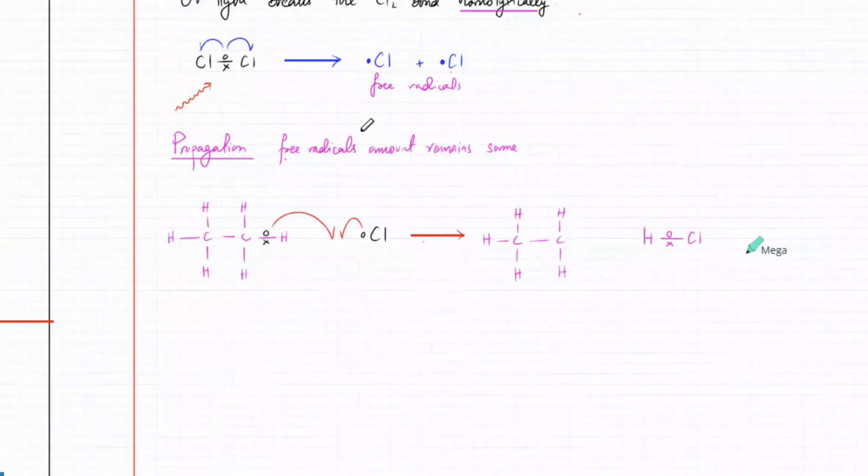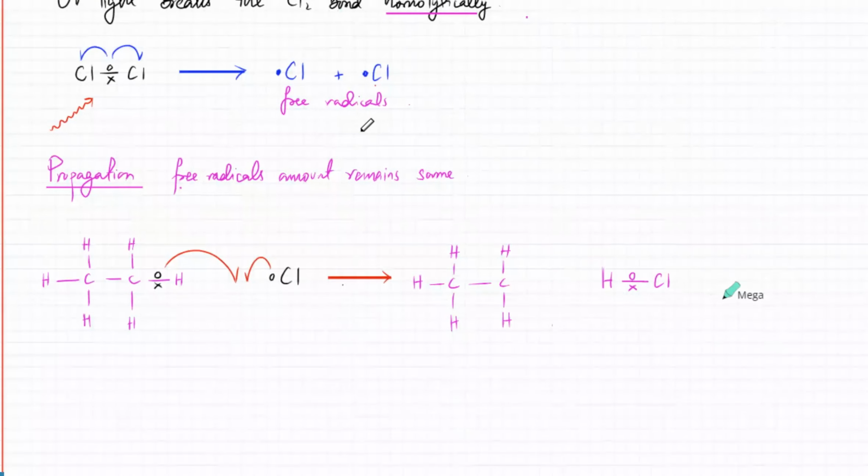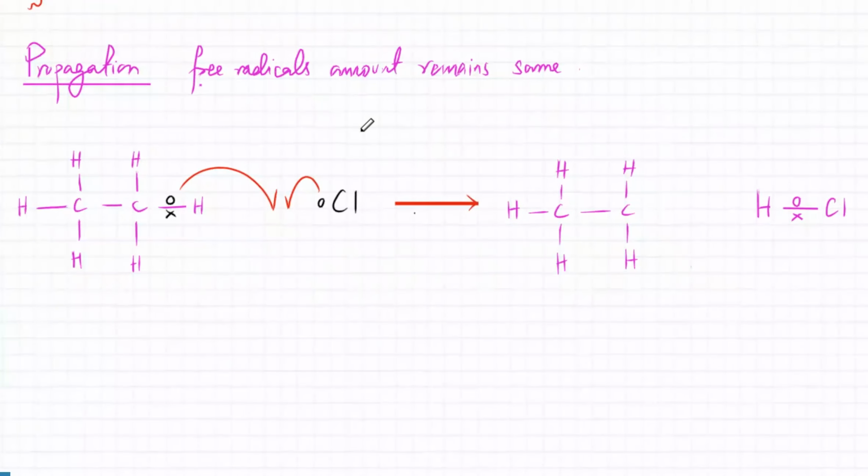Yes, sir. Acha, but the question is, what will happen to the carbon atom? So H, instead of sharing electrons with the carbon, that electron got pulled by the Cl. So H started sharing electrons with the Cl. So carbon has an unpaired electron now, and carbon is now the radical.